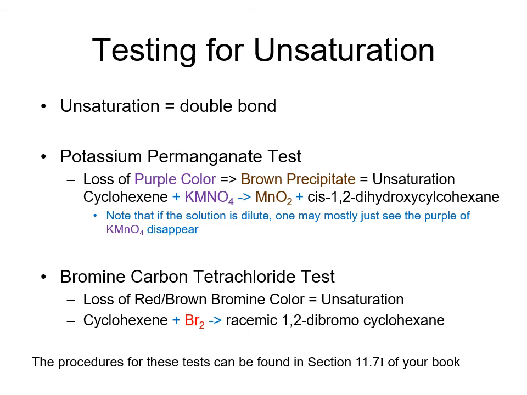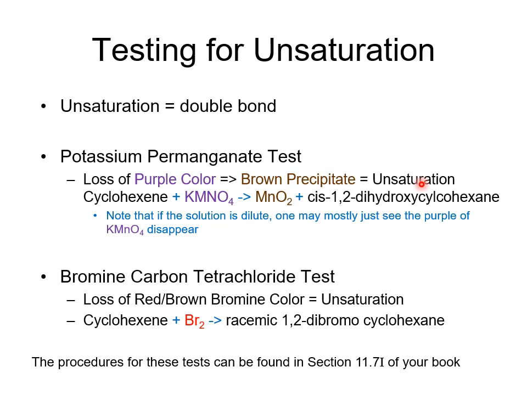So the next step is to test whether or not you got your product, right? As I mentioned a few slides ago, an unsaturation is a double bond, right? So this is testing for unsaturation. You can use potassium permanganate test. The loss of purple color to form brown precipitate indicates an unsaturation.